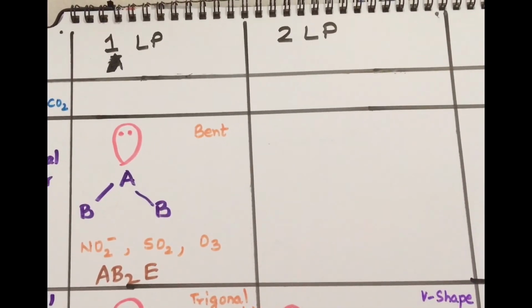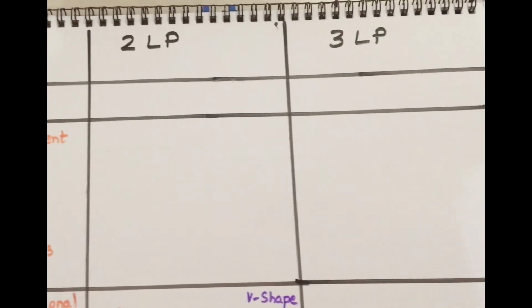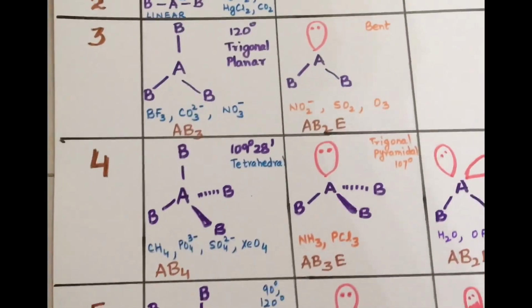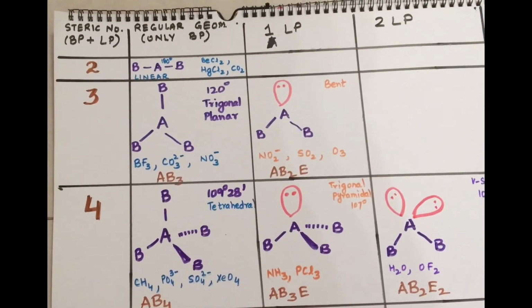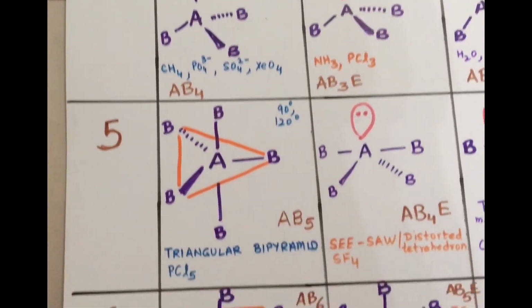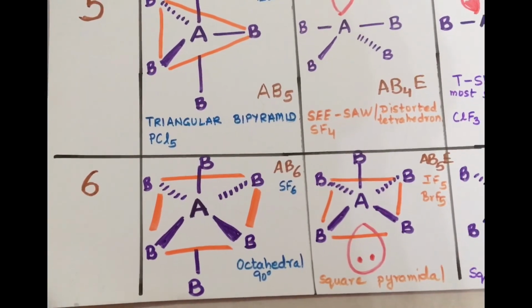Third column, when it acquires one lone pair. Next column is if it has two lone pairs, what will be the change in the shape. Then the three lone pairs. Let's see. So we've got steric number 2, 3, 4, 5 and 6 is what we've covered.